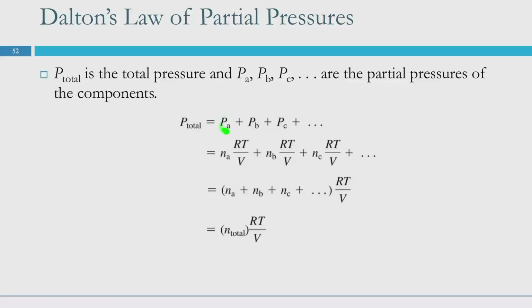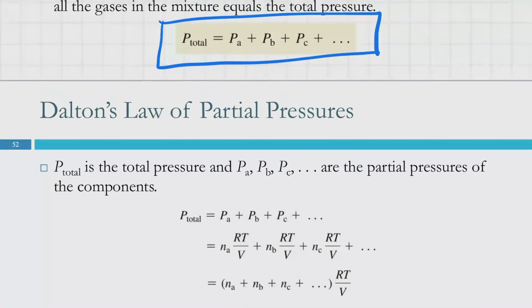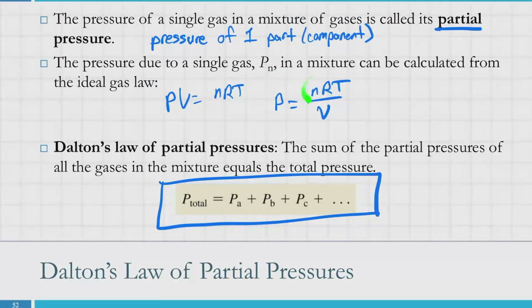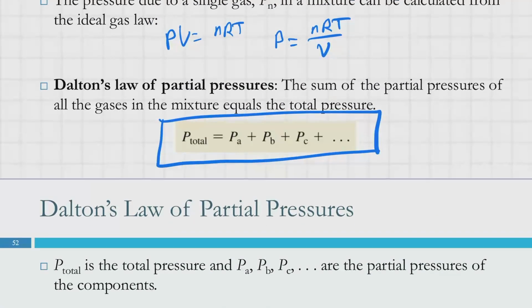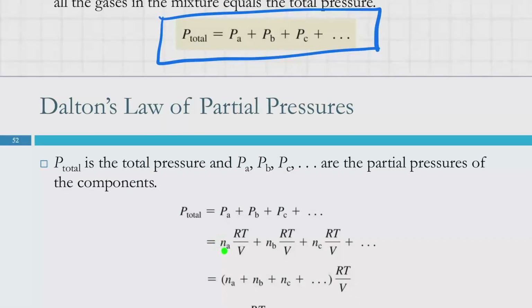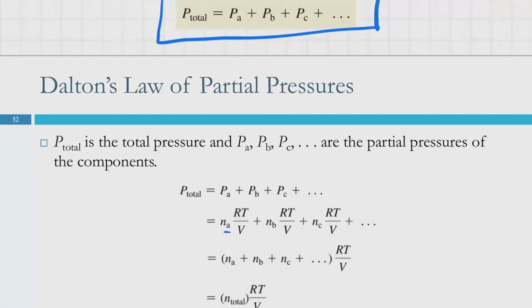So if we write out Dalton's law of partial pressures, and then we substitute in this nRT over V, we can substitute in N, so the number of moles of gas A, times RT over V. We've just separated the N in front so that it's convenient.